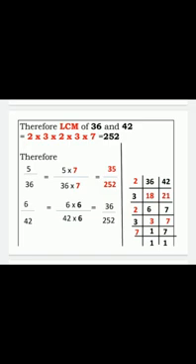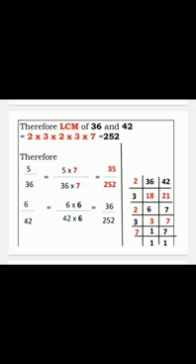You are going to find out the LCM by your prime factor method. So the LCM of 36 and 42 is equal to 2 into 3 into 2 into 3 into 7, which is equal to 252. Now this 252 has to be your denominator.